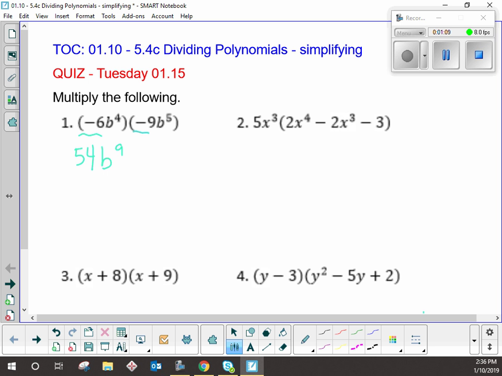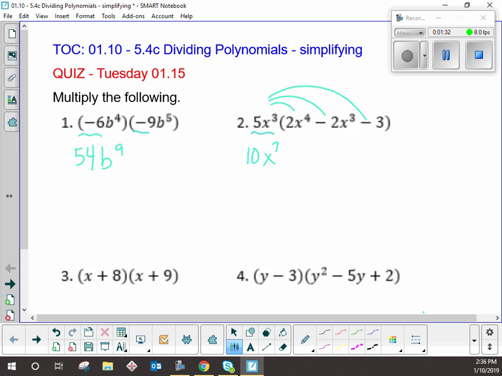So then for example, on number 2, we have this monomial times everything in this group. What's the name of that property? Distributive, right? So I just do those one at a time. So I do 5x cubed times 2x to the 4th, which is 10x to the 7. Okay?